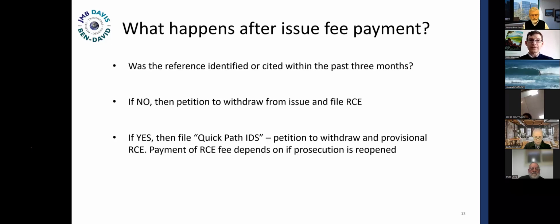That is only, the Quick Path IDS is only available within 3 months of a reference being identified. If you can't make that certification statement, then you have to petition to withdraw from issue and then file an RCE.